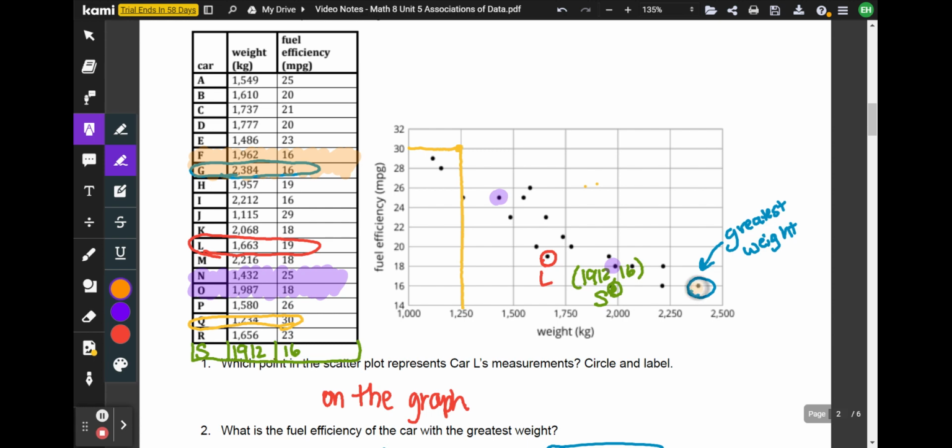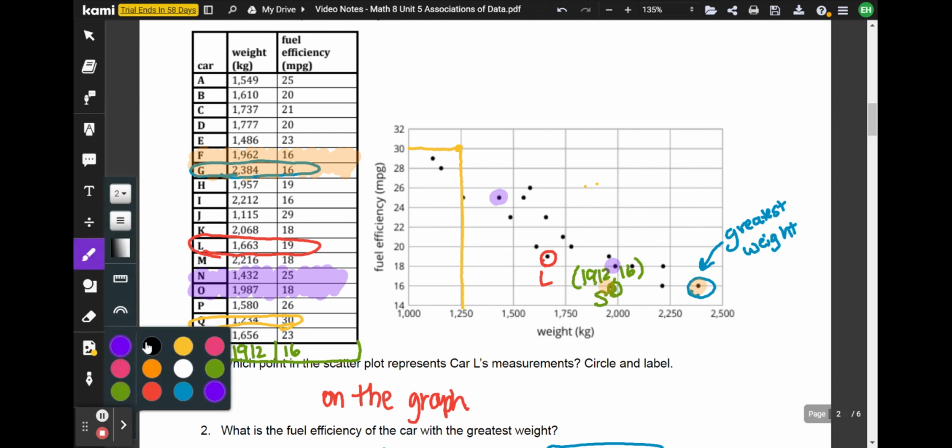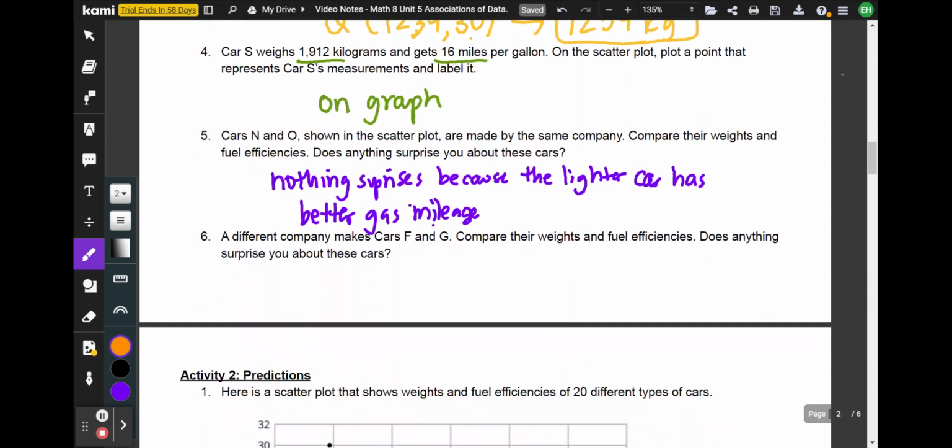So G, we already put down here. So they make not very fuel efficient cars. And then there was another one that also was at 16. So that needs to be down here. So I don't know if you can see my orange, but right here and right here, those two orange dots. So F and G, that is surprising.